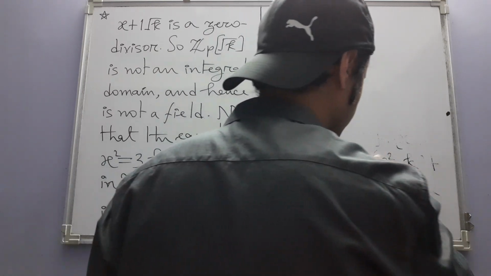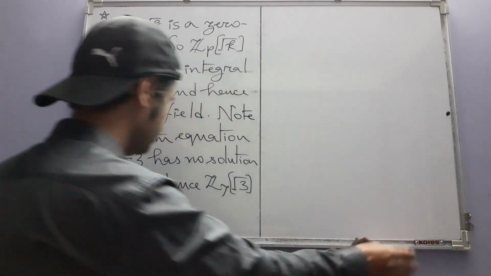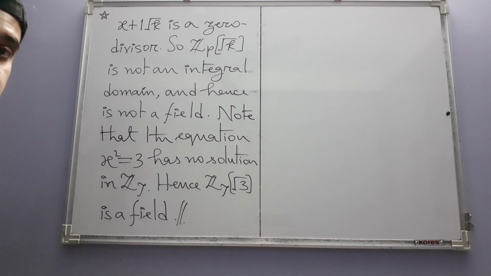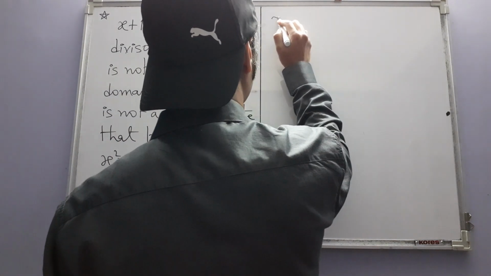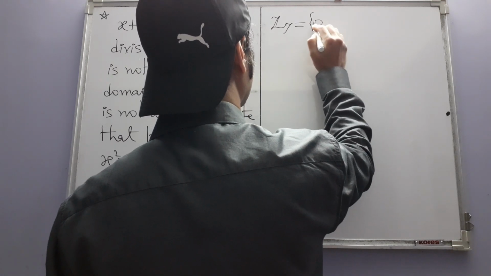Because we have done so much, why keep this hanging? Let us see that this actually has no solution. So what are the things we have in Z7?